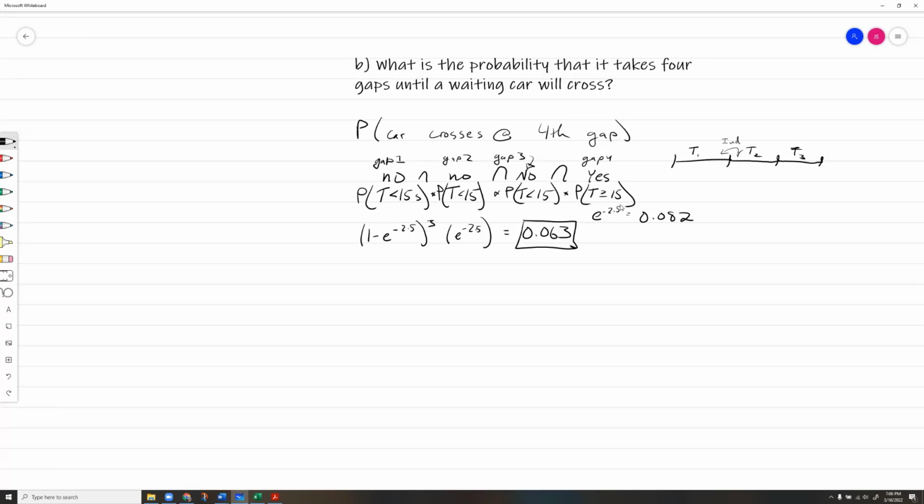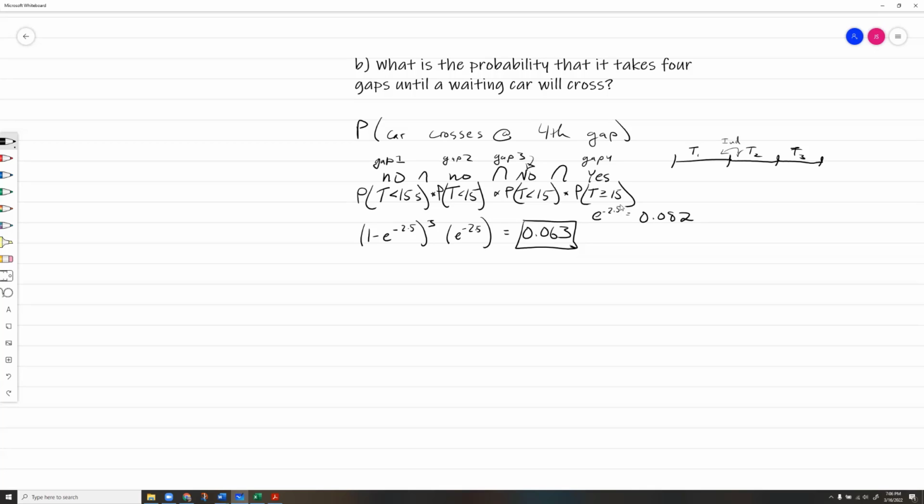So that's an important definition of the Poisson process. So because it's independent, we're saying calculate the probability that the time gap is less than 15 seconds per interval. We can multiply them together, 4 intervals, or 3 intervals, and finally in the third interval we have something, we calculate the probability that's greater than 15 seconds.